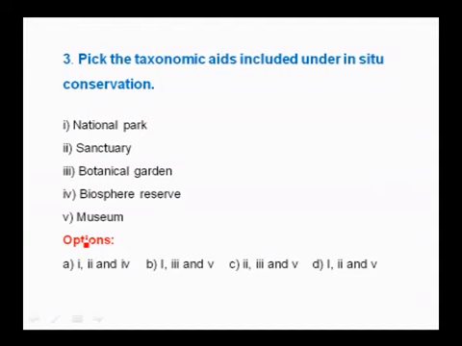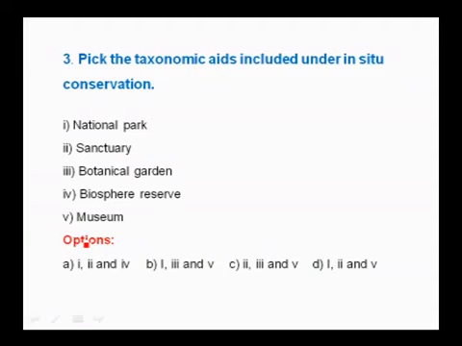If you look into the options properly, national park, sanctuary and biosphere reserve, these three options belong to the category of in situ. A national park or a biosphere reserve or a sanctuary is a huge place which is under control, where no hunting can be done or plants cannot be taken.